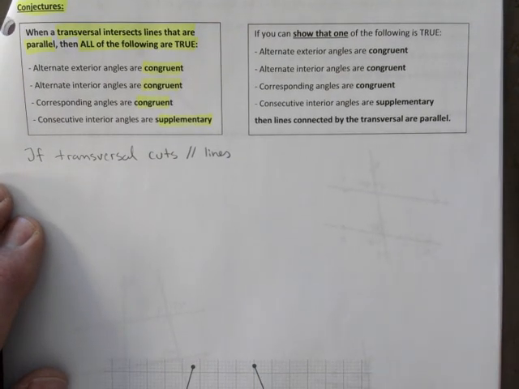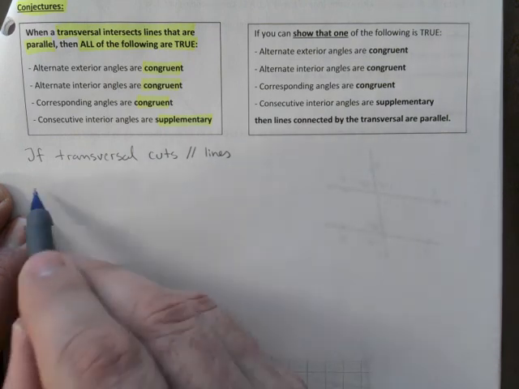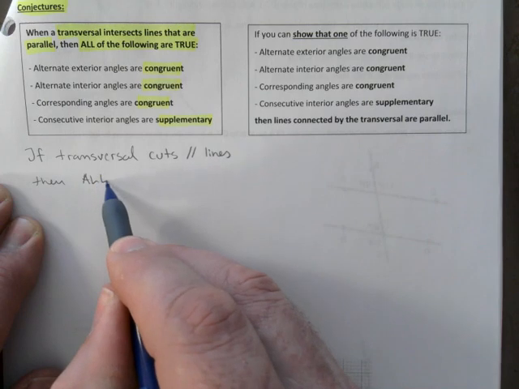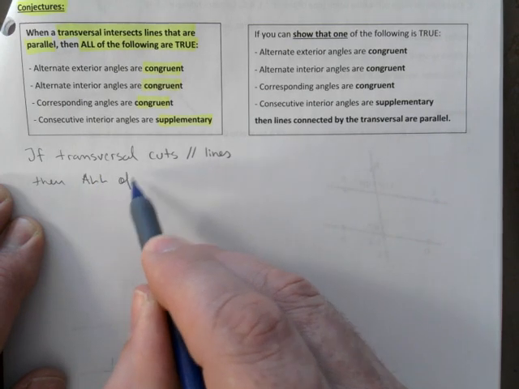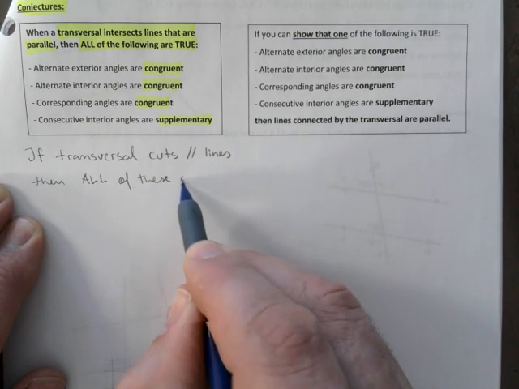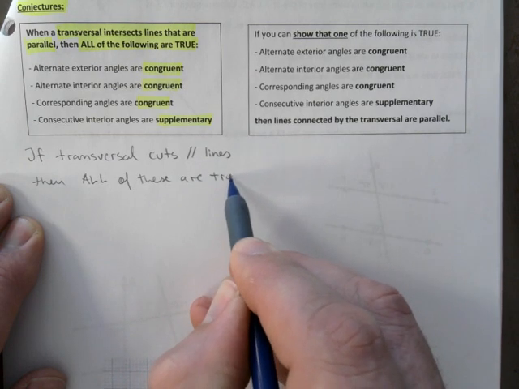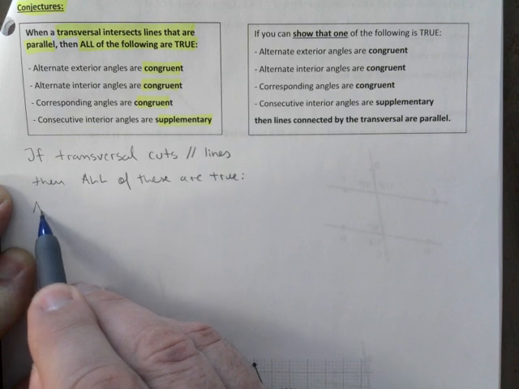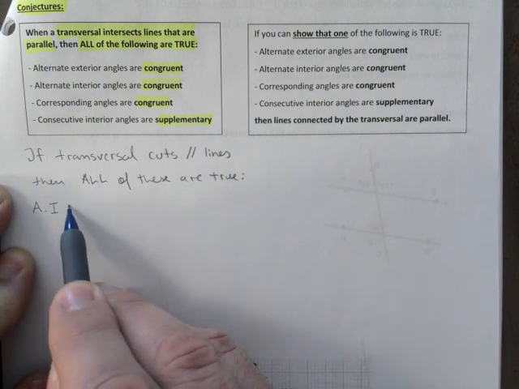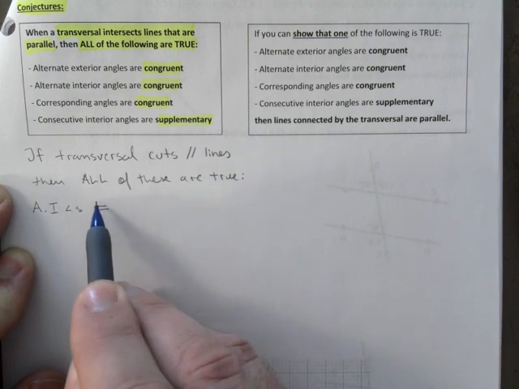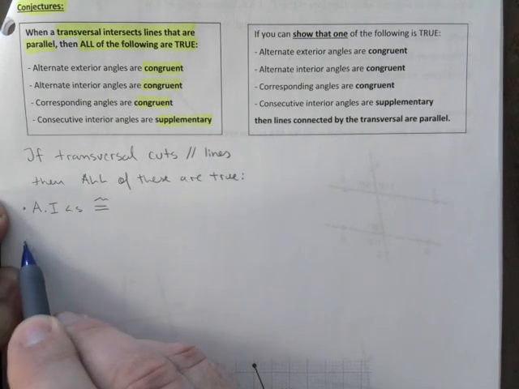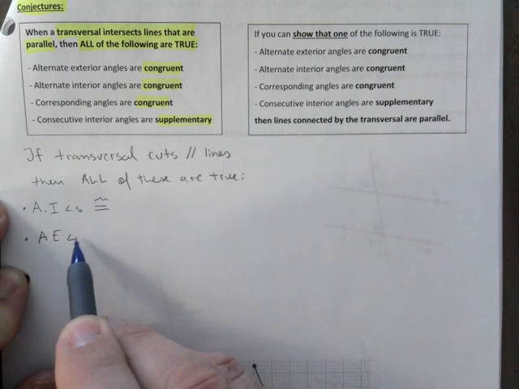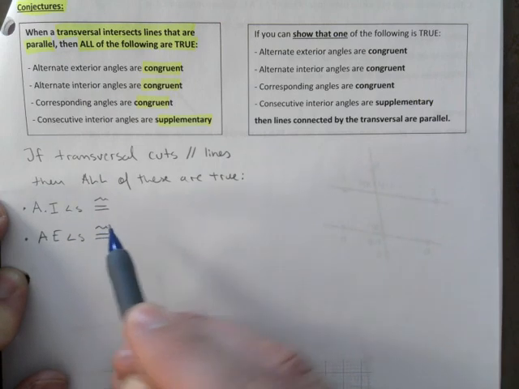If a transversal cuts parallel lines, then all of these are true. You have that alternate interior angles are congruent. Alternate exterior angles are congruent.